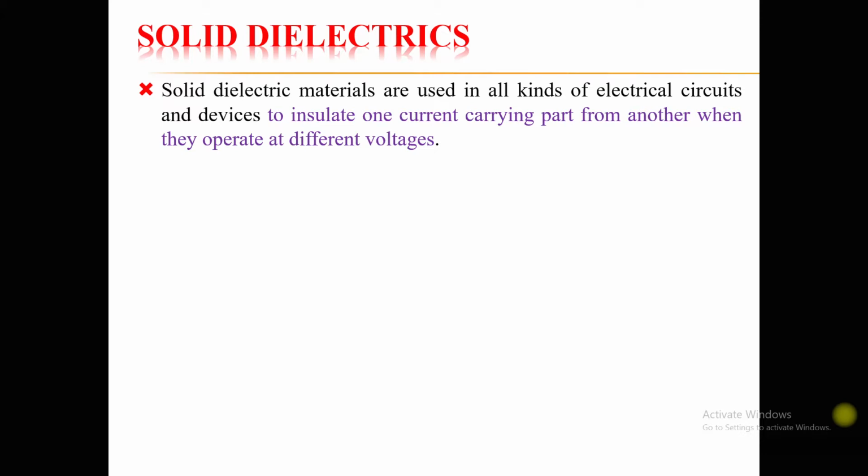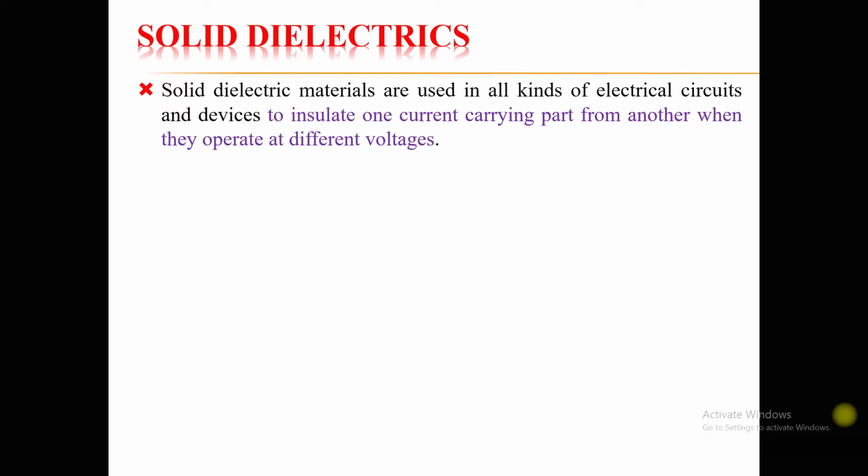This statement is best suited to transformers, where the low voltage winding and high voltage winding are isolated by synthetic resin bonded paper, a kind of press board. SRBP, as it is usually known, is used as a solid dielectric to insulate the low voltage winding and the high voltage winding.